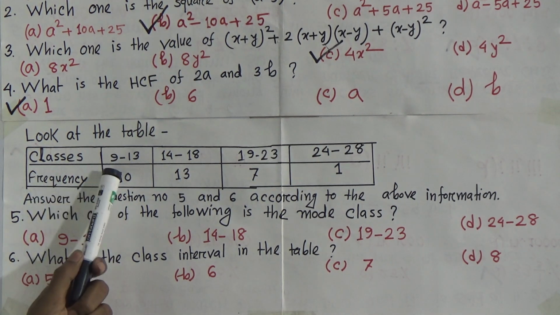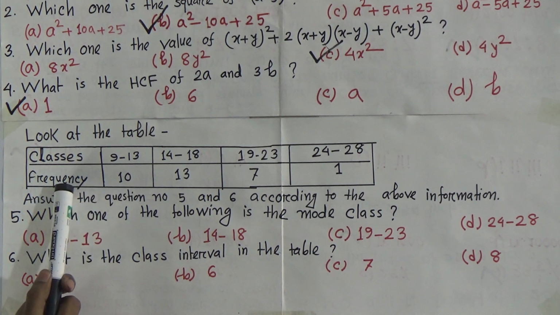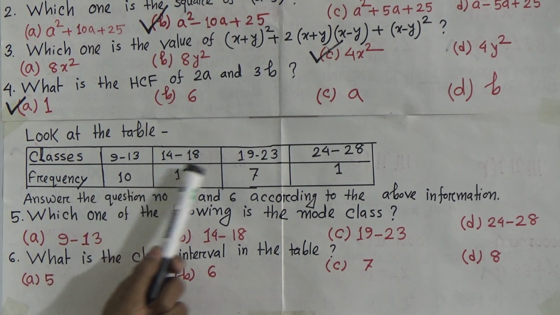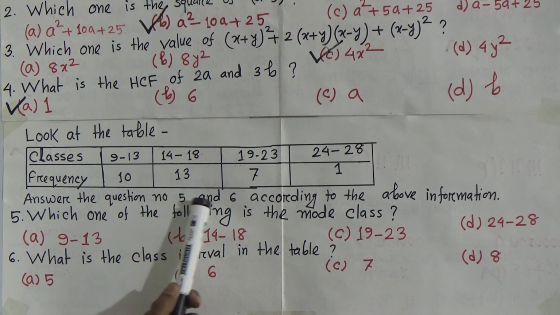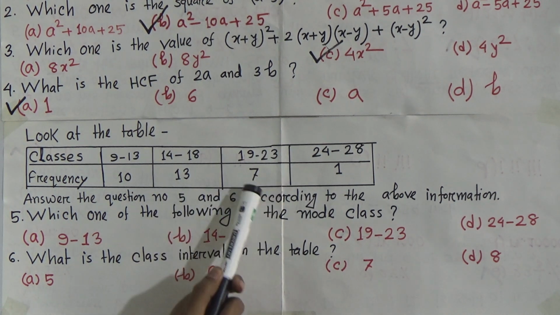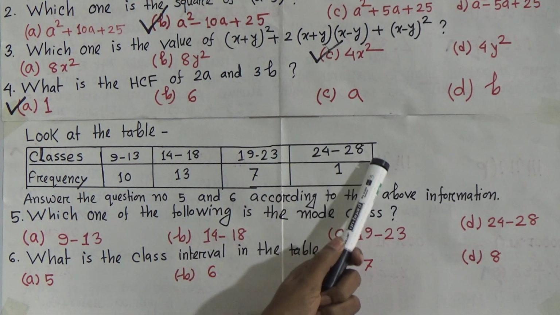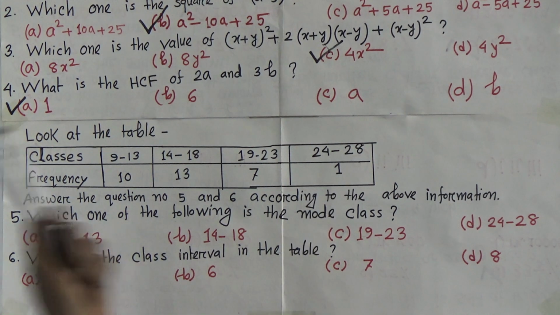Class 9 to 13 has frequency 10, 14 to 18 has frequency 13, 19 to 23 has frequency 7, and 24 to 28 has frequency 1.